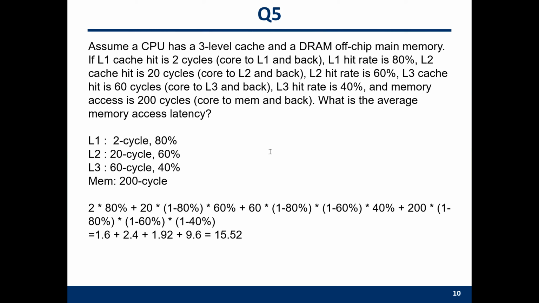And then you can use 1 minus 60%, and the result is 40%. And this 40% will be served by L3 and DRAM. In this 40%, 40% will be served by L3, and the other 60% will be served by the DRAM.